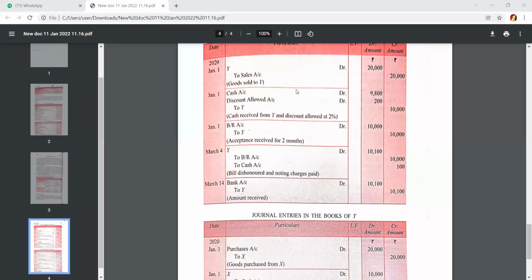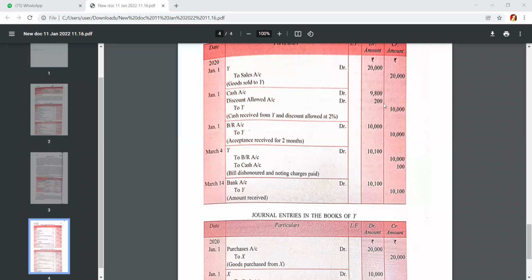Cash account debit, discount allowed account debit to Y 10,000, 9,800, 200. Then BR account debit to Y for the acceptance received for 2 months. Because the bill has become dishonored, and the noting charges are to be paid, the entry will become Y to BR, Y to cash.